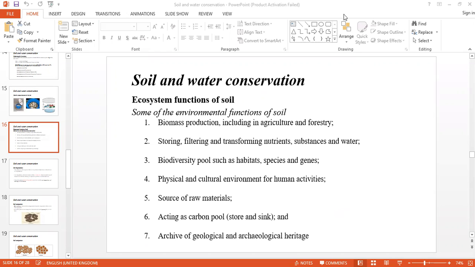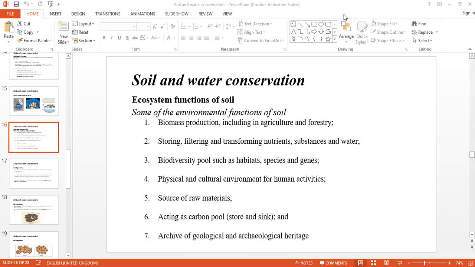So yesterday we looked at the quantification of water and the soil itself, in terms of what parameters we can use to measure the soil, in terms of its mass and its volume. So today we'll look more at the degradation of soil and the functions of soil.